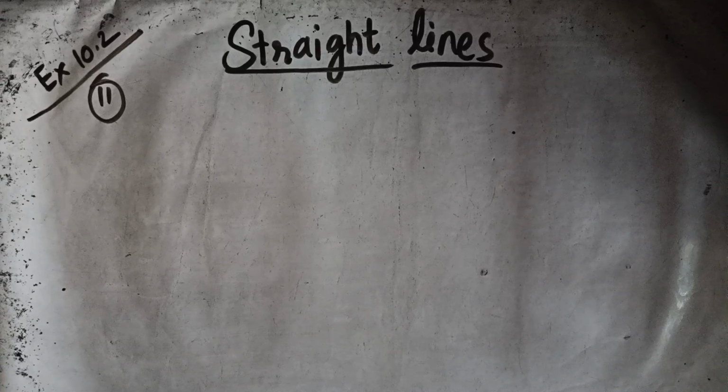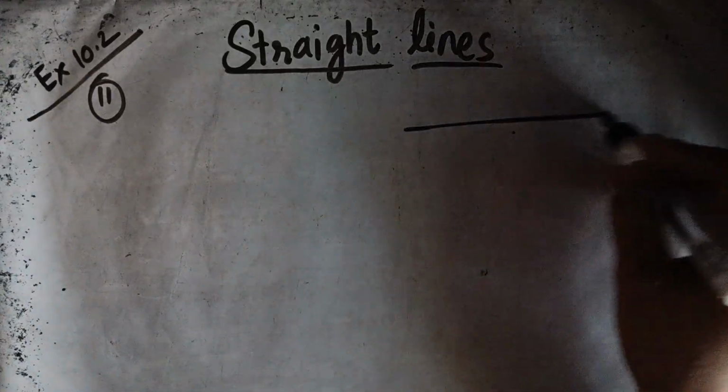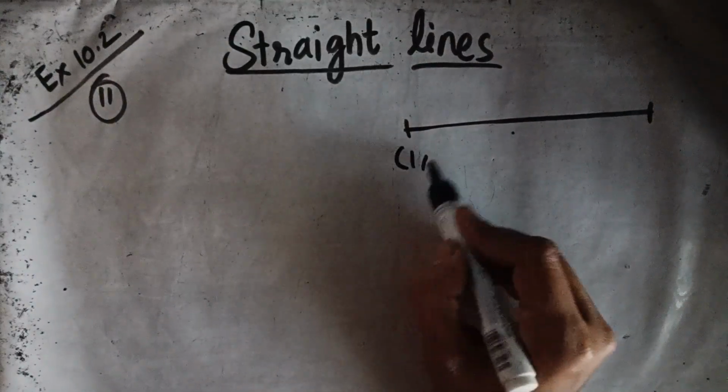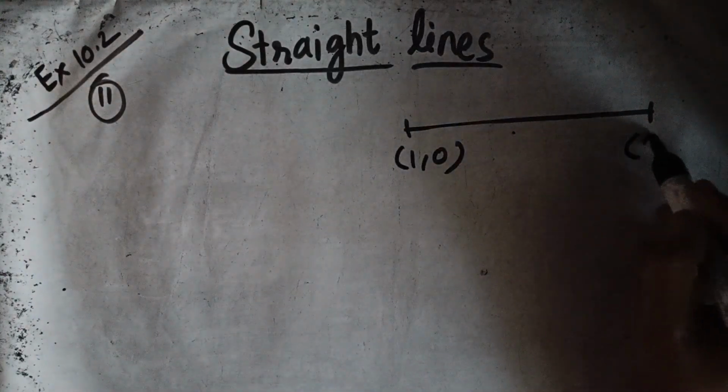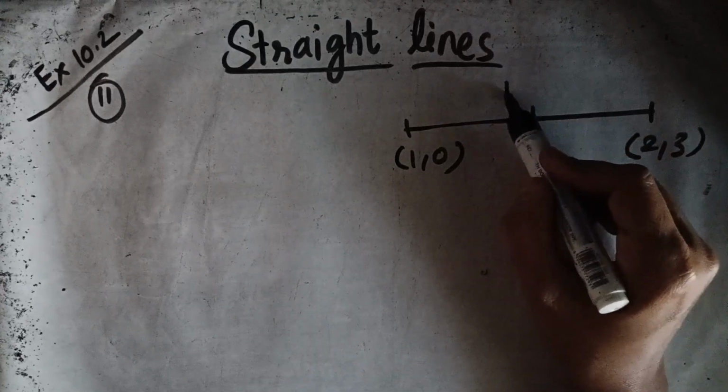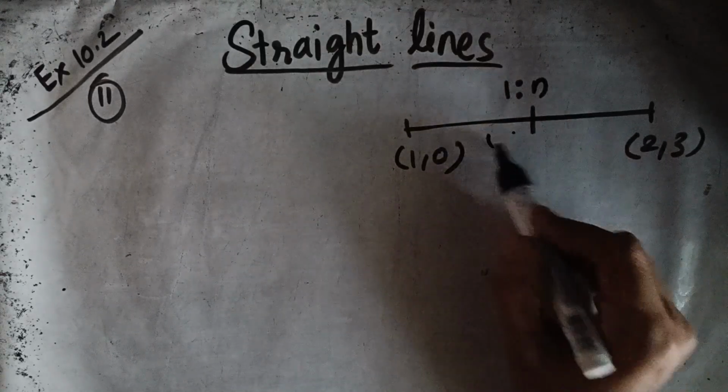Now here they have given a ratio. Ratio means we have to use the section formula. So one point is (1, 0), another is (2, 3), and the ratio in which it divides is 1:n.